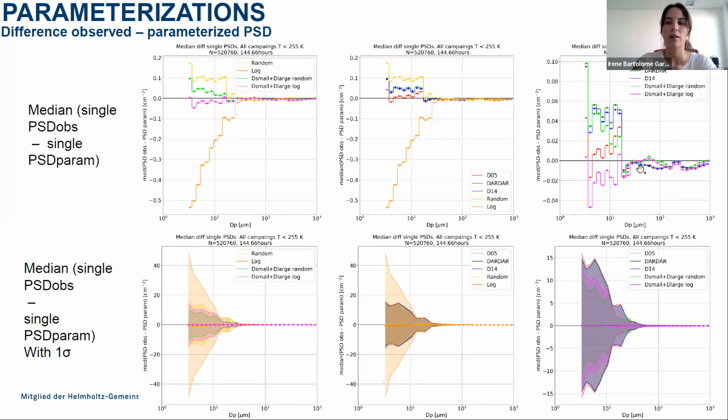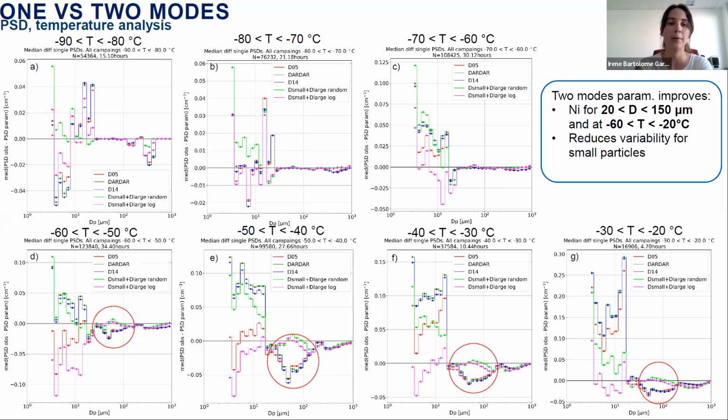And now I want to focus a little bit on this region here. For that, I'm applying again just the same plot, so again the median of the single PSDs, but in this case for different temperature ranges from -90 to -20. What we see is that for the coldest temperatures, for these larger particles, there's not much difference.